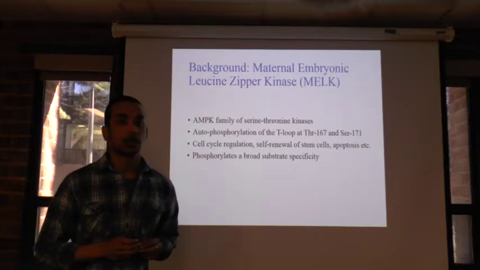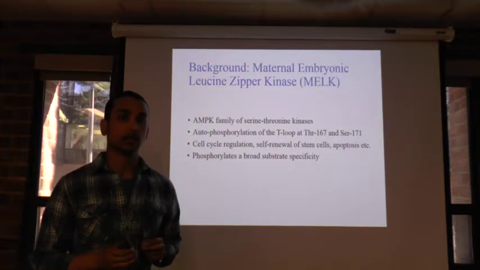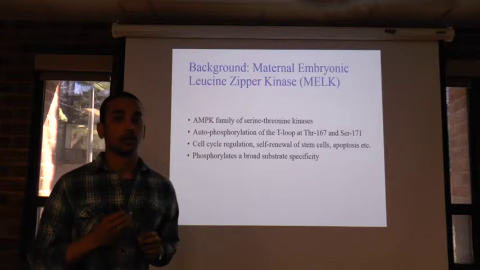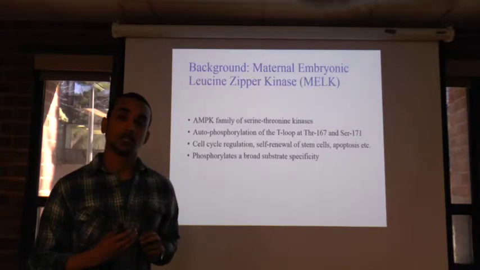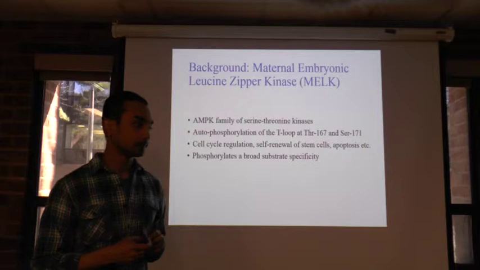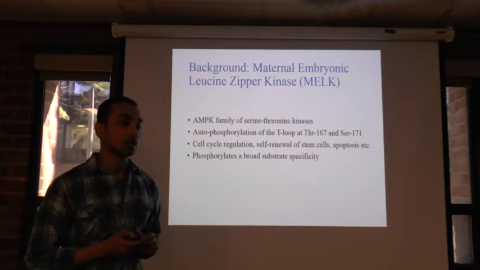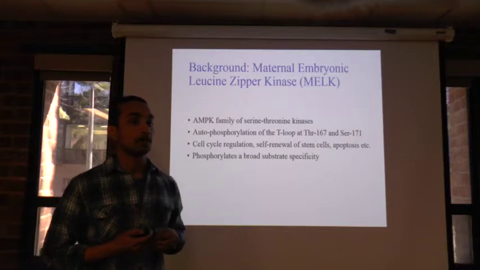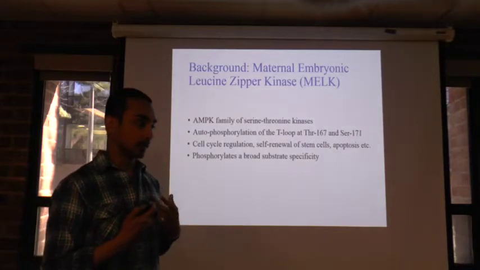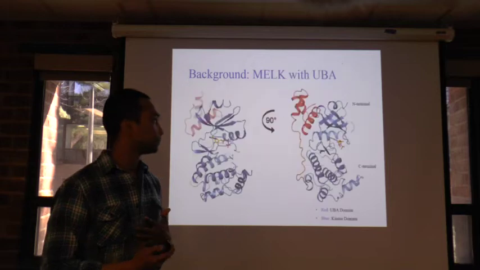Apoptosis is the process of degradation of unnecessary cells or cells that are potentially harmful to our bodies, such as tumor cells. And MELK phosphorylates a broad spectrum of substrates that would then carry out the function.